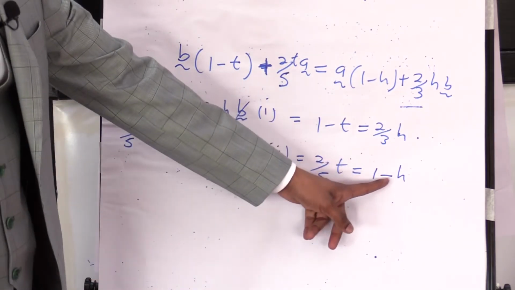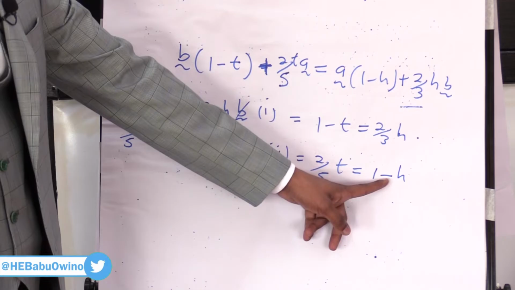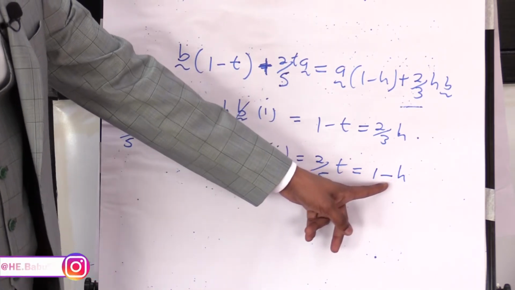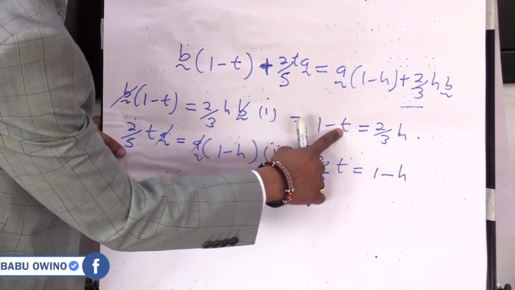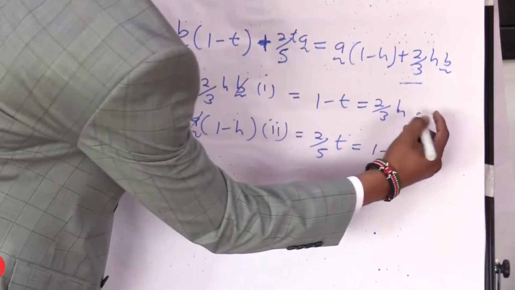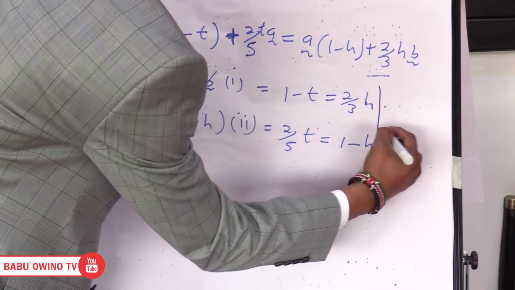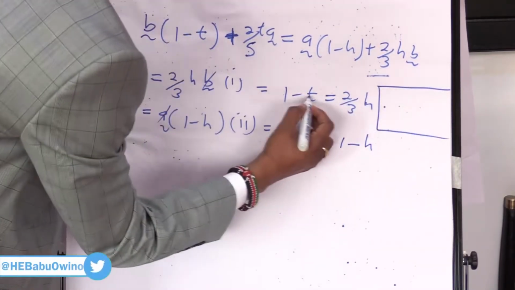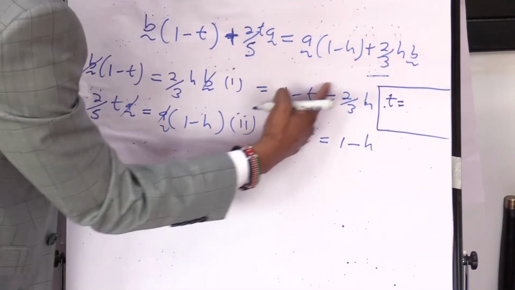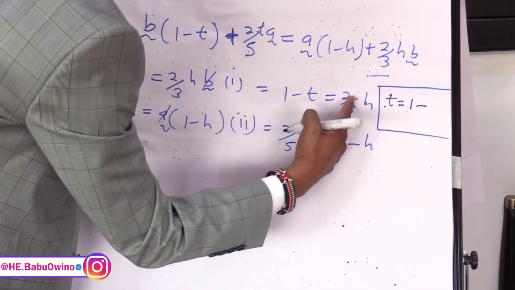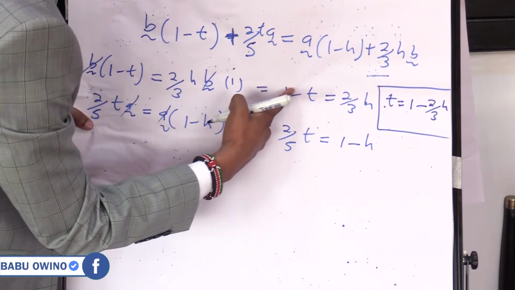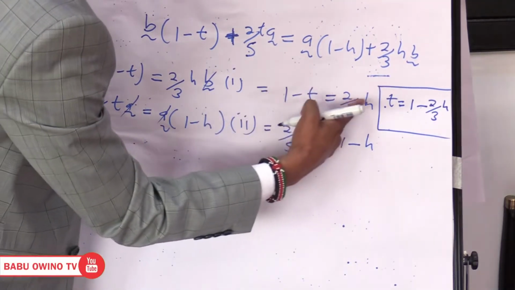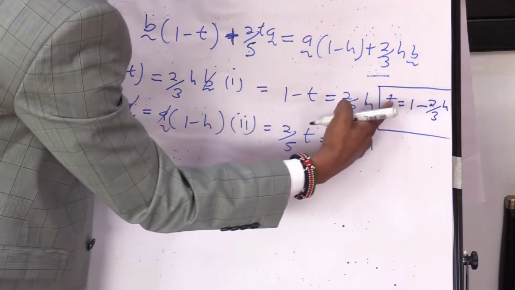Make H the subject of the formula from here. If we make either H or T, so if we make T the subject of the formula from here, then you get T equals 1 minus 2 over 3 H. When 2 over 3 H crosses the other side it becomes a minus, and T crosses the other side and becomes a plus.